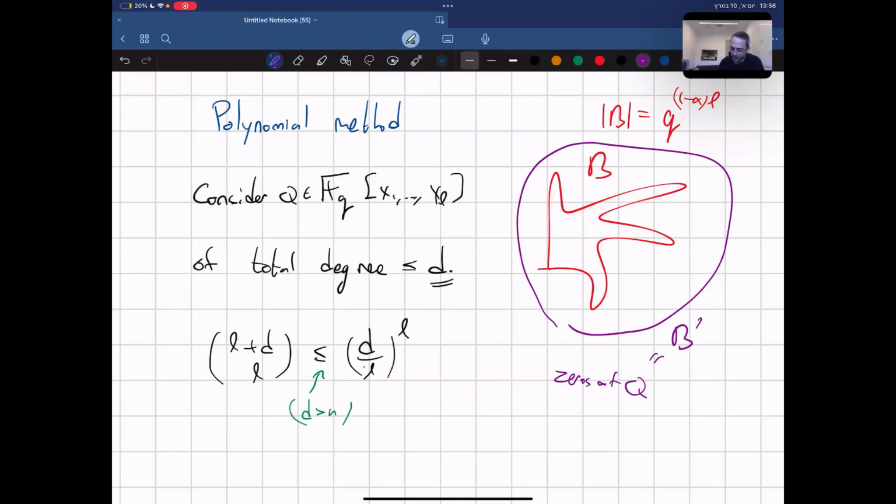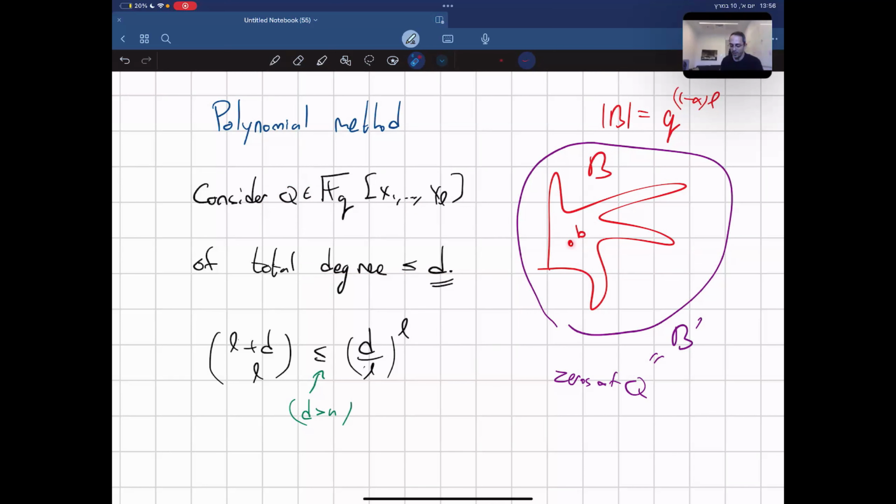So if you think about it for a second, it's a linear algebraic problem. If you give me any little b, every point in F_Q to the L that happens to lie in B, then requiring that Q, so I'm thinking of Q as having coefficients which are variables, not fixed, coefficients to the standard basis as variables.